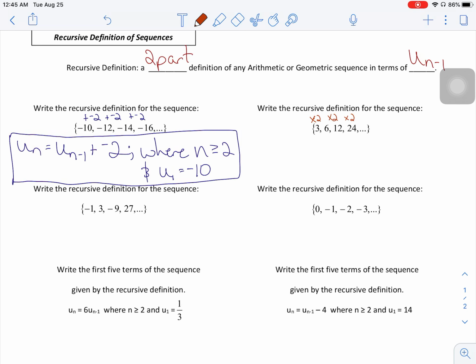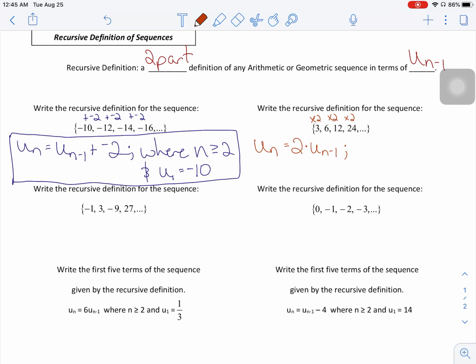Yeah, okay. So for a recursive definition, you always start with u sub n is equal to. Now, mathematically, you can do this one of 2 ways. I'm going to say that it's 2 times u sub n minus 1, simply because my brain has told me for years I need to put the number in front. And that's the first part.